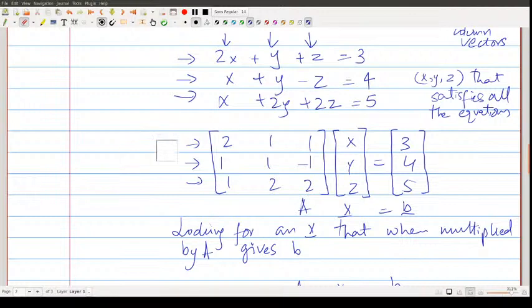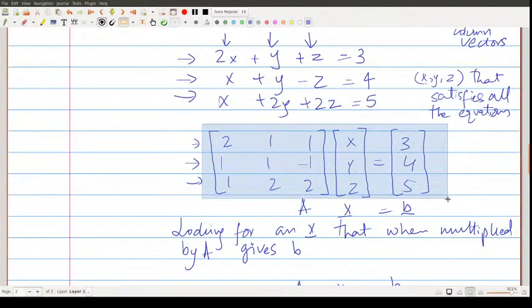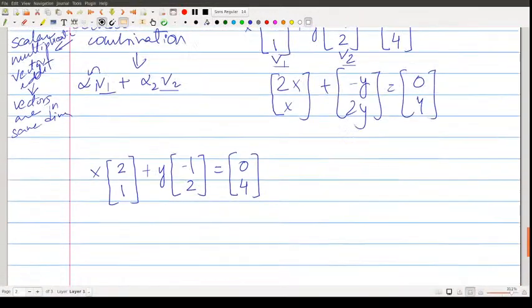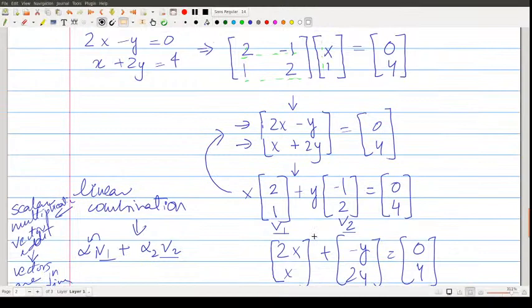So let's copy this system, and now I don't have to do much work. I can just follow the logic. Notice what happened here: x times the first column, y times the second column, is equal to the right hand side.